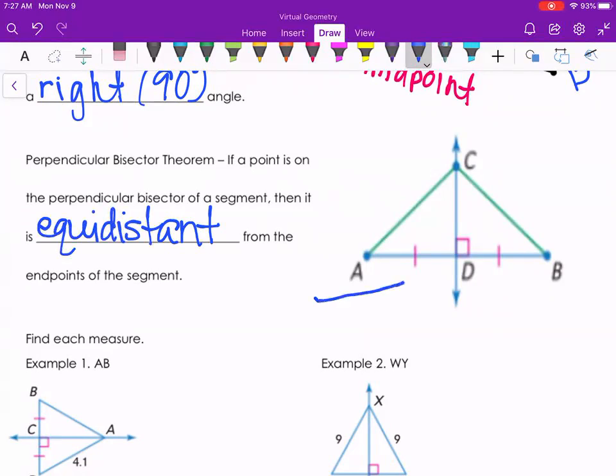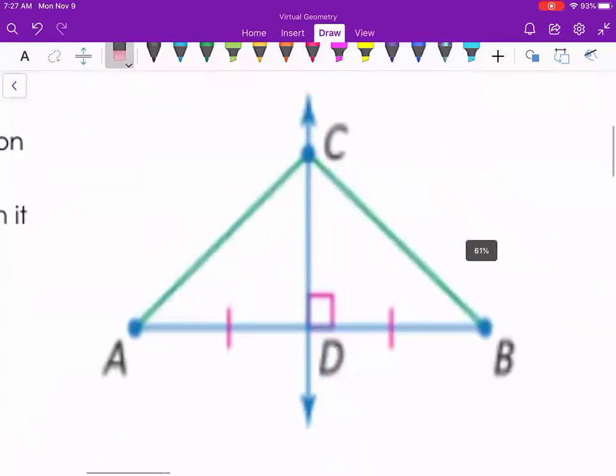So if I'm looking specifically at this picture, line CD is the perpendicular bisector of my segment. There's my congruent dashes there, so A to D is exactly the same as B to D. I have my 90-degree box there telling me that it is perpendicular.